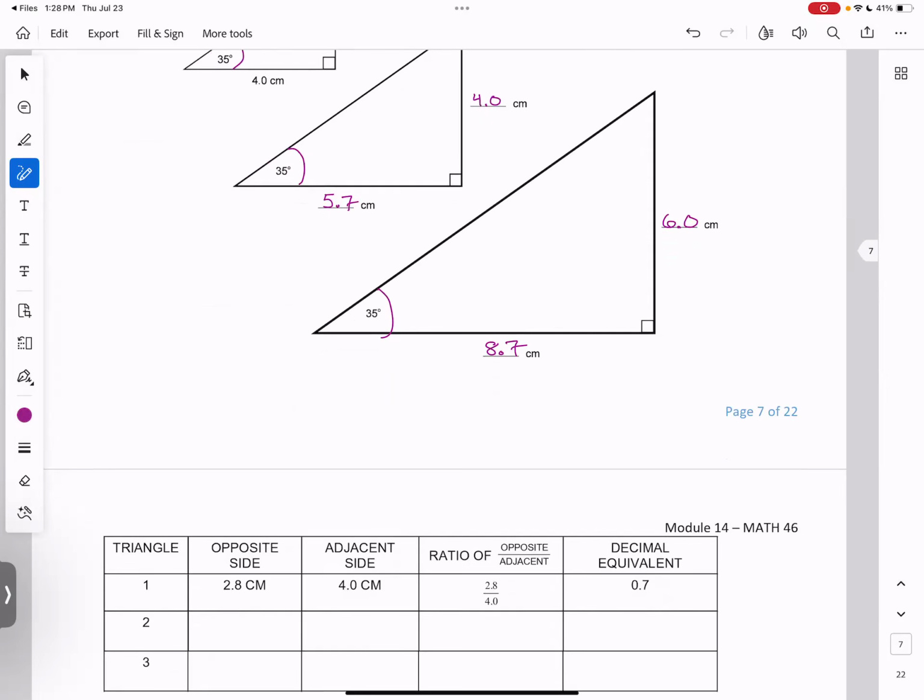So filling out the chart, on triangle 2, our opposite side is 4.0 centimeters and our adjacent is 5.7. And in the largest triangle, our opposite side would be 6.0 centimeters and our adjacent is 8.7.